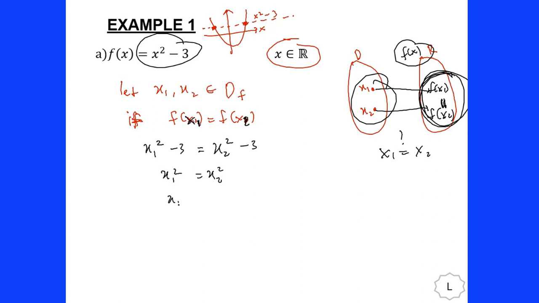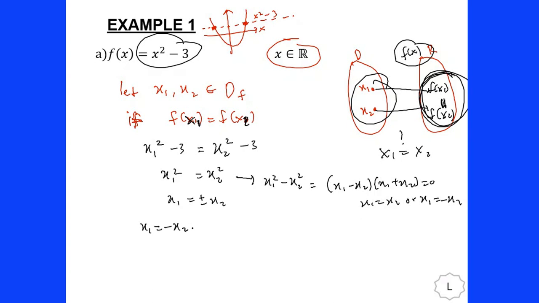The quadratic, or you get this, plus or minus x2. If you are not sure, you can bring this quadratic to the other side, then factorize. Then it is equal to 0, x1 equals x2 or x1 equals negative x2, right? There are two numbers. So now you have x1 equals negative x2 or x1 equals positive x2.